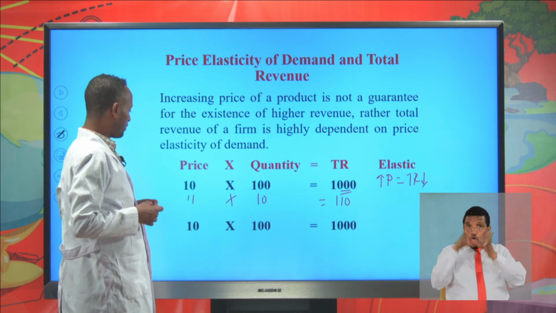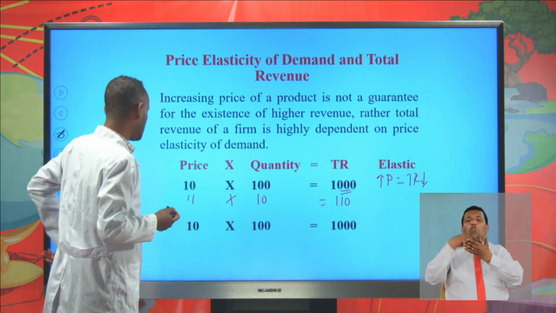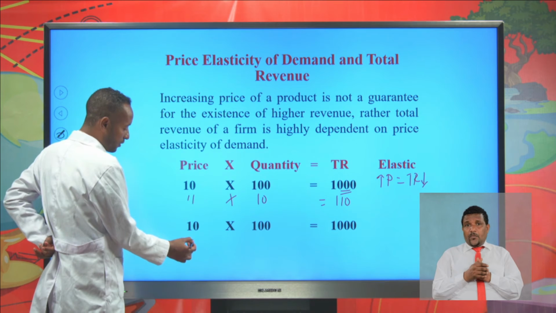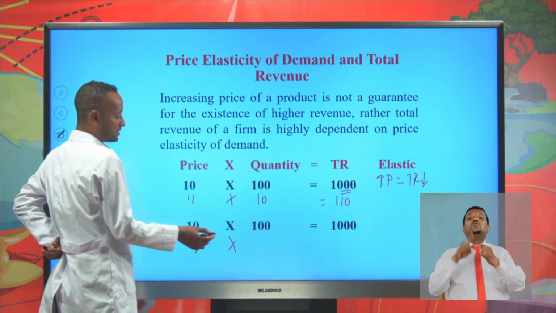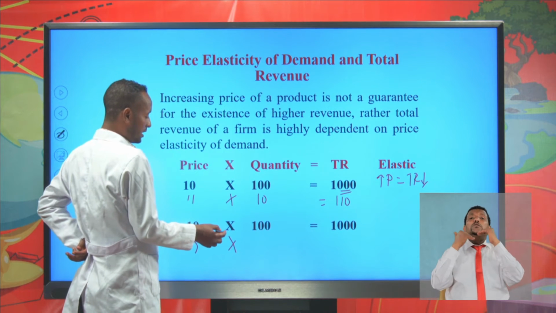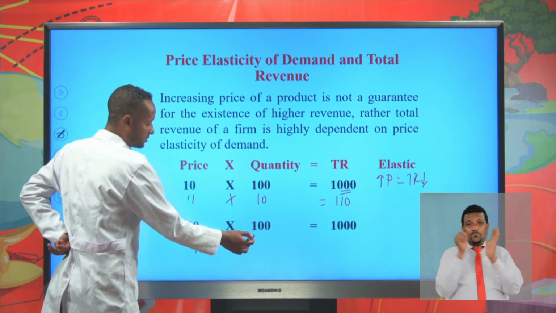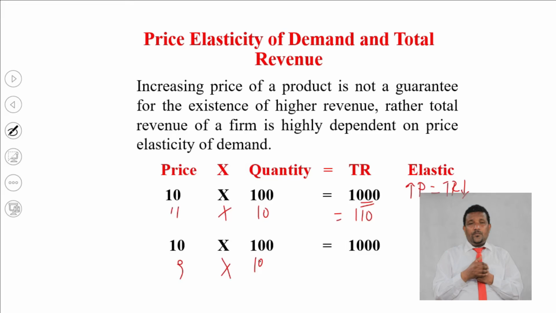Now let me show you when there is a fall in price if the buyer is elastic. If the buyer is elastic, a little decrement in price, from 10 to 9, makes the quantity demanded increase by a higher percentage. Let's say the quantity increased 10 times and reached 1000.